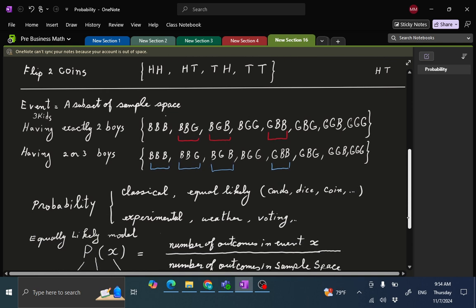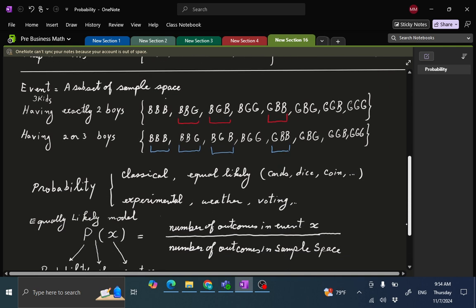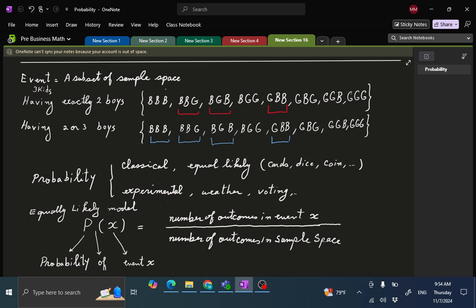Now next we are going to come up to the issue of probability. When we are dealing with this kind of situation in these experiments, we want to know how likely it is for something or another thing to happen. We have 2 general broad situations. One is the classical problems like this coin tossing or picking up a card and so on.